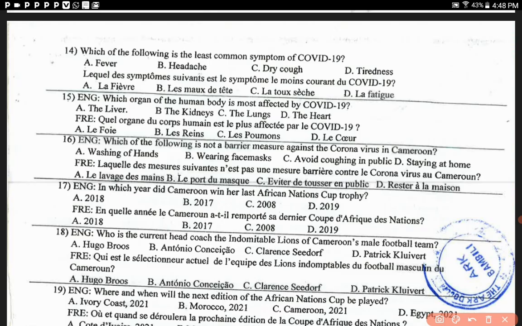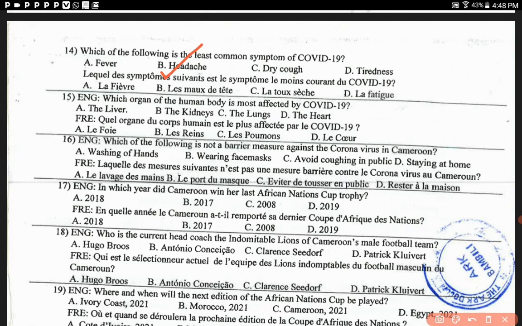So without doubt, headache, which is option B, will be the least common symptom.